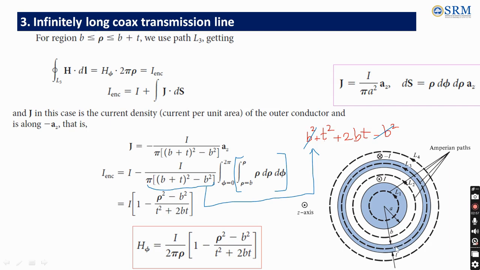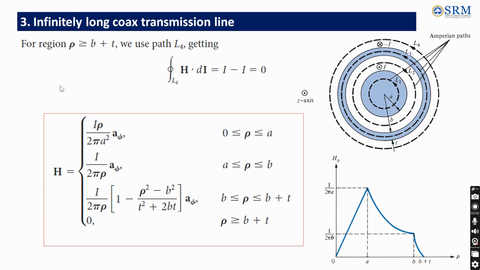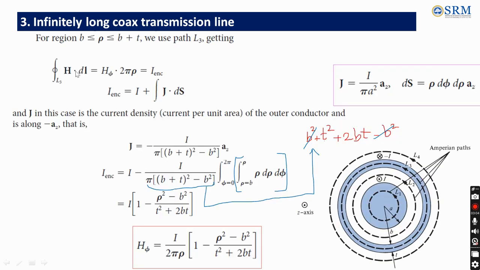If I apply Ampere's law, the line integral over the path L3 of H dot dl is equal to H phi into 2 pi rho, which is equal to the current enclosed. The path L3 is enclosing the current I as well as the surface current across this conductor, J dot ds, because it is in between that surface.